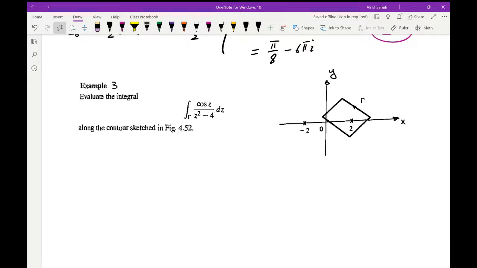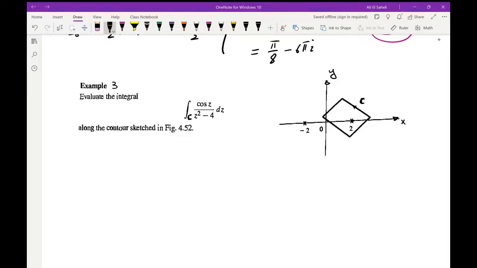So the trick here in this example, again, is to figure out what is the function f of z. This is the closed contour we are interested in, closed contour C. And we're told from the picture that it includes the point 2.